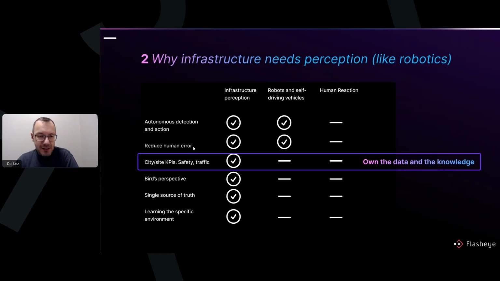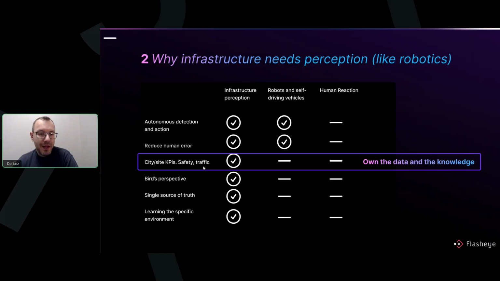City-side KPIs, safety and traffic. Now we are entering the area where infrastructure perception is outstanding, because as I mentioned before, self-driving vehicles or robots are great at what they are used to do. They see their environment around them and only this; there is no global communication, no global interaction and no global awareness of what is happening.